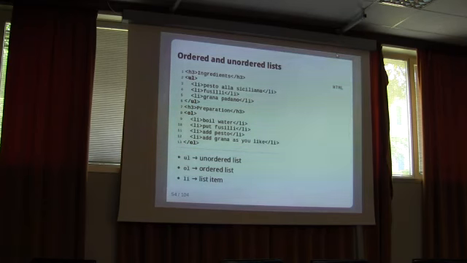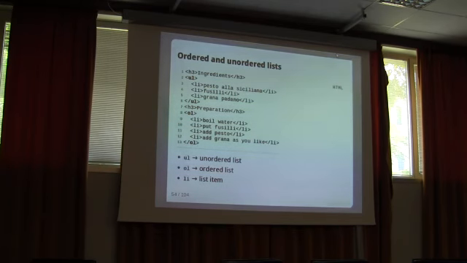obtain the meal. From a more low level point of view, UL is the element that you have to use for unordered list, and OL, that of course stands for ordered list, is the other element for ordered list. And finally, LI, list item, is the element you have to use for each item.